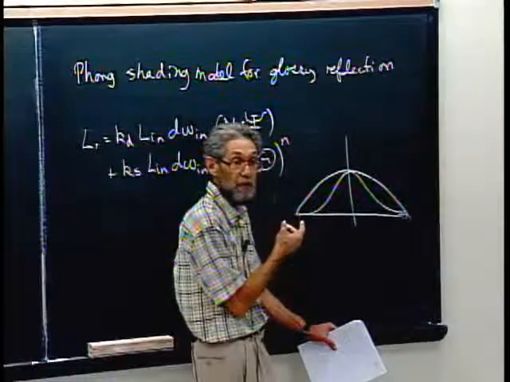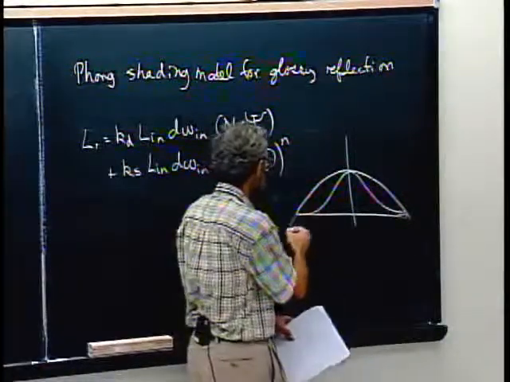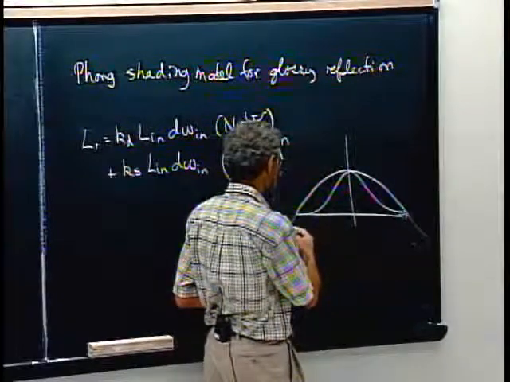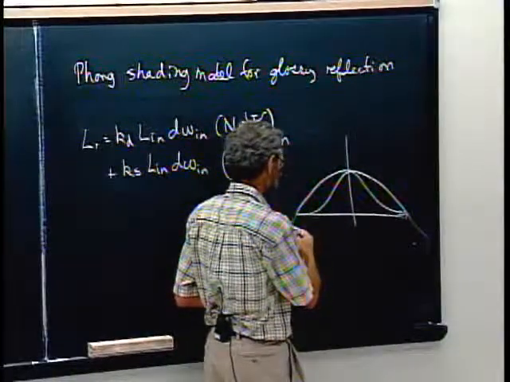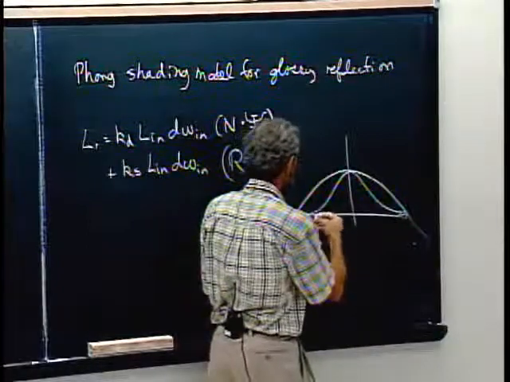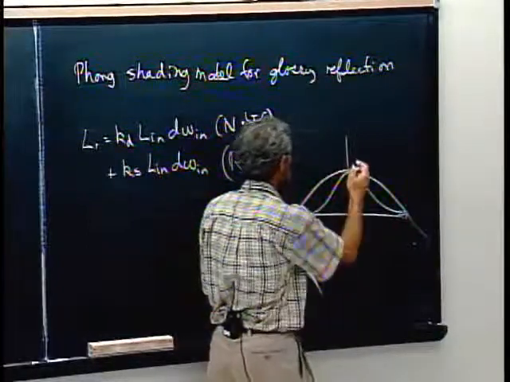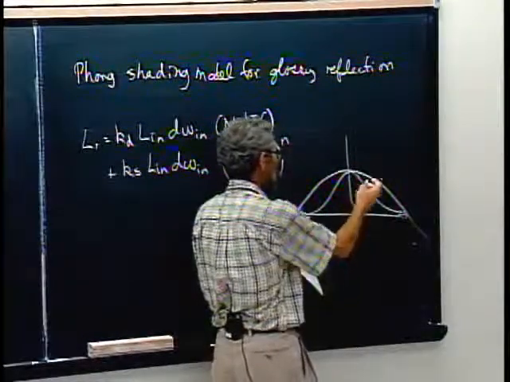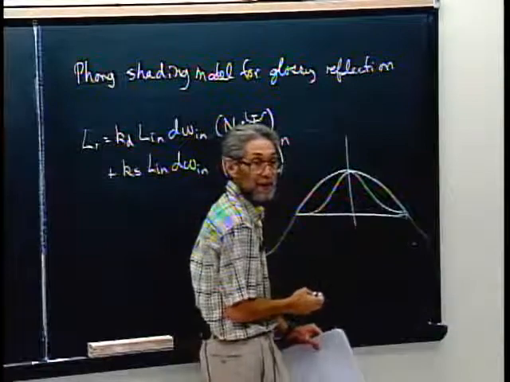Cosine 2θ. Here, cosine 2θ would be spread out like that. And if it's 2θ, you're going to then move it up like this, and then take half. What do I have to do? I have to make it half as high, and then add 1 to it, and it'll move up like that.